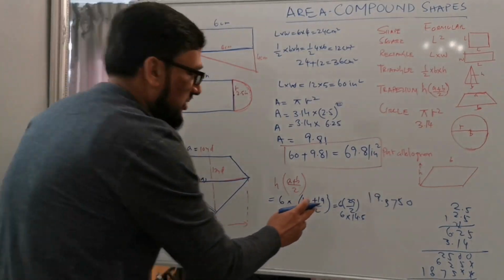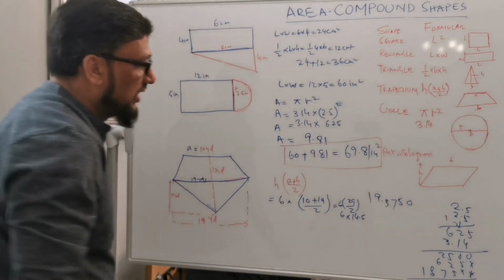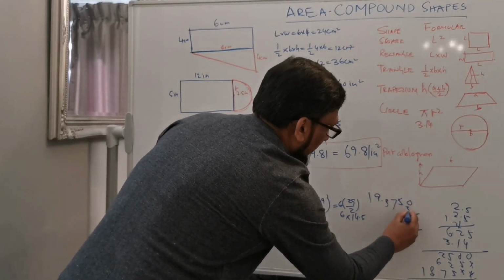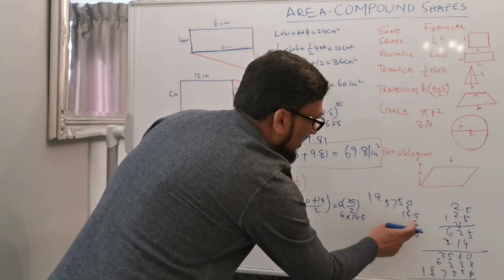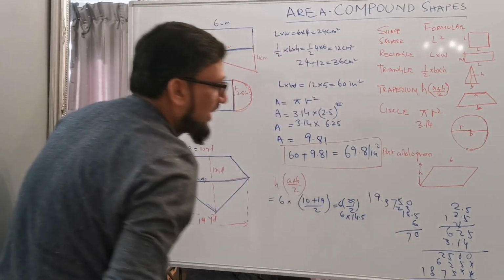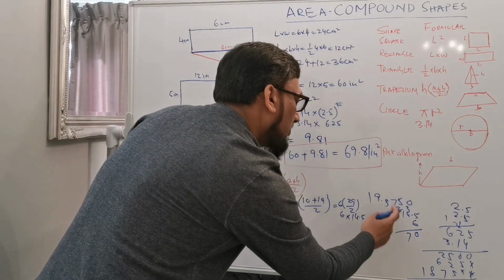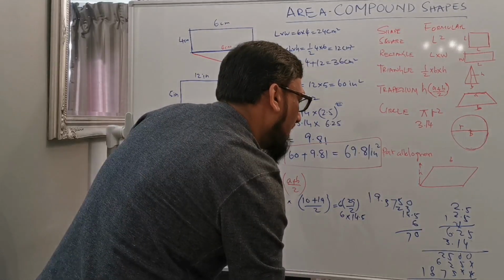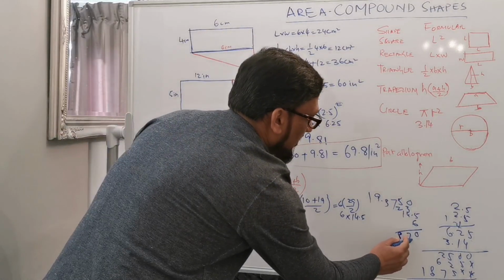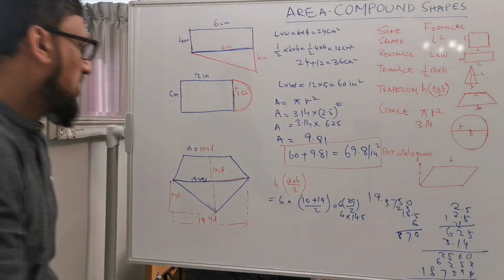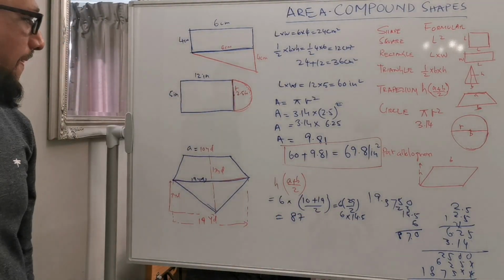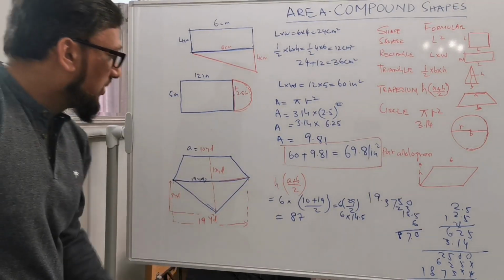So what you do, simply 6 times 14.5. 6 times 4 is 24, 24 plus 3 is 27, and 6 times 1 is 6, plus 2, you need to add, 8. With one decimal place it is 87, so the area of the trapezium is 87. And now move to the area for the triangle.